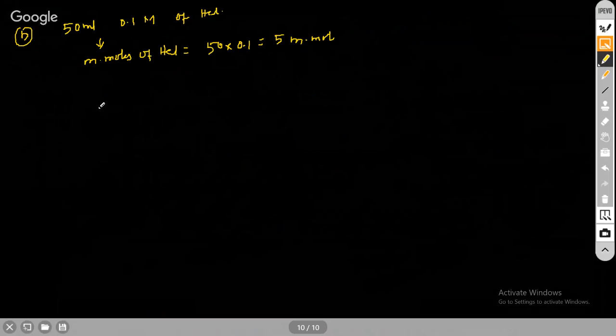So what happens when you add this HCl? The salt you have, CH3COONa, dissociates into CH3COO minus and Na plus, right?